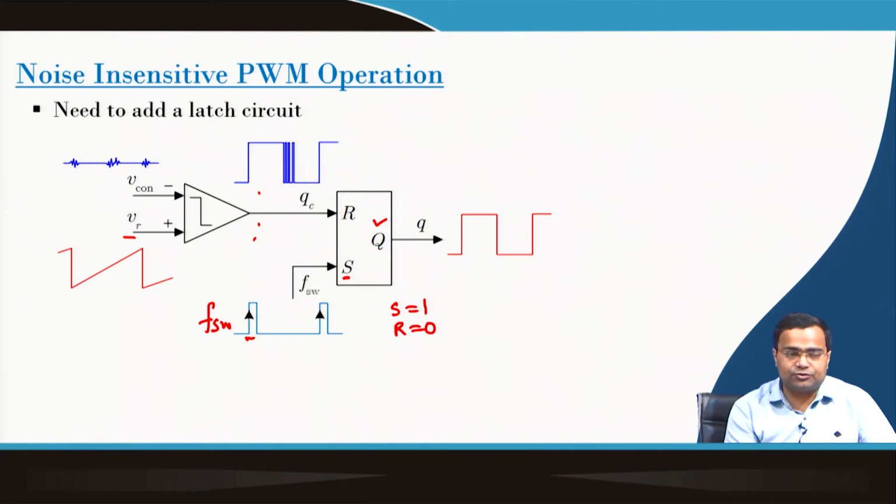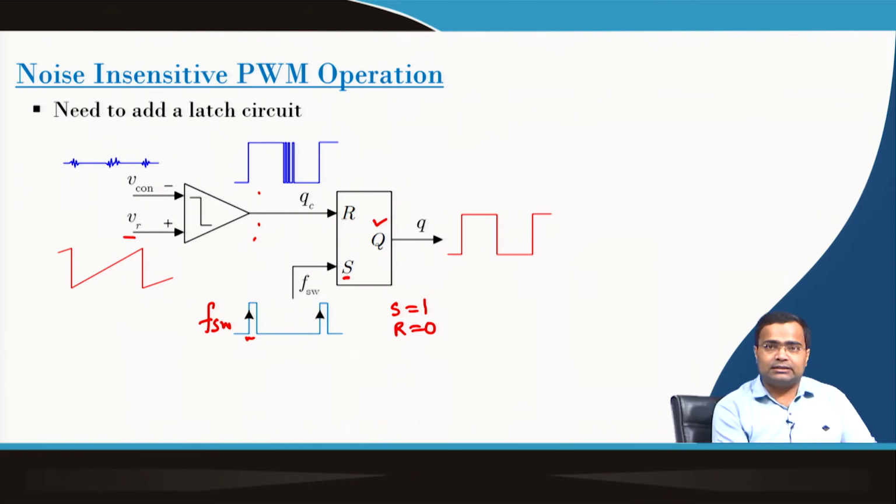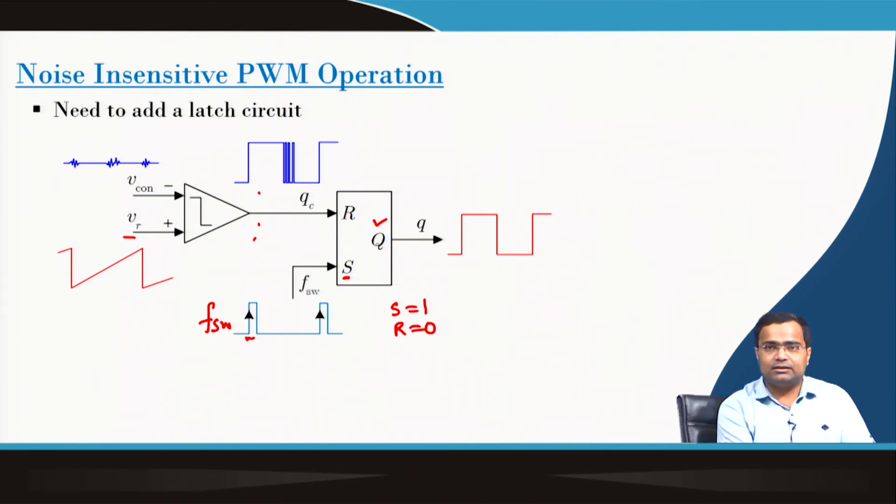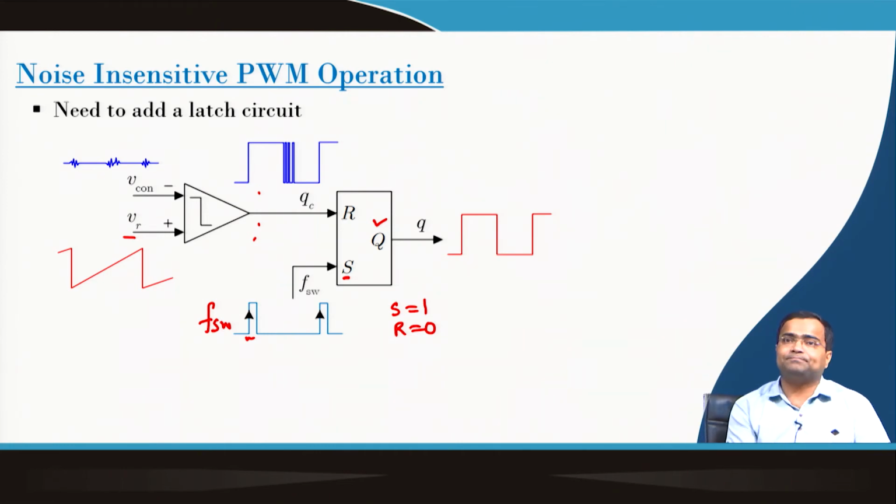But here what I am showing is a latch circuit, but typically you should use a flip flop circuit. That means, you should use an edge sensitive circuit rather than a level sensitive circuit, because level sensitive circuits are not generally recommended, because the level is susceptible to get distorted by the noise.